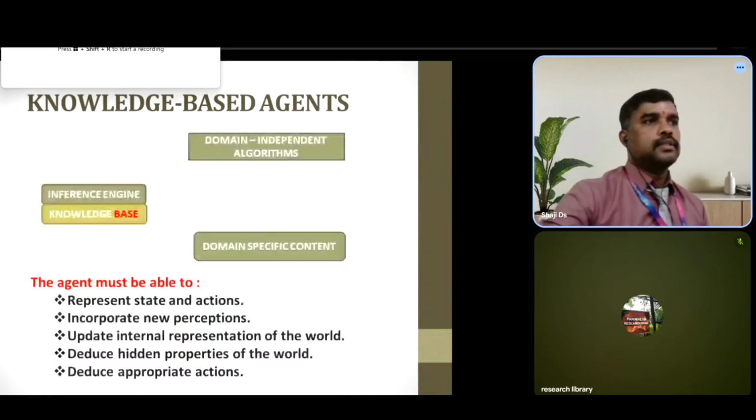And the next, the architecture, which represents the various states, such as the state of actions, incorporating new perceptions, updating the internal representation of the world, deducing hidden properties of the world, and deducing appropriate actions.